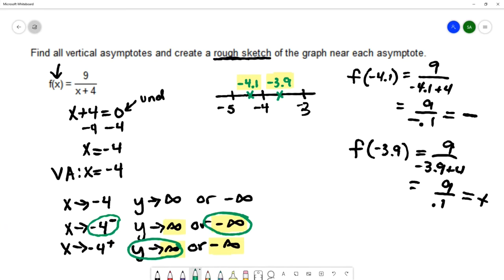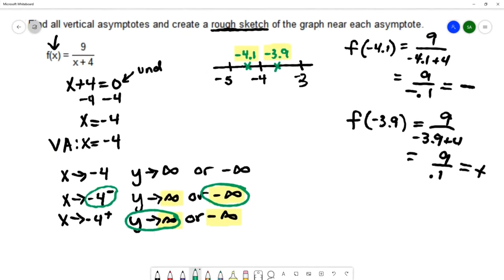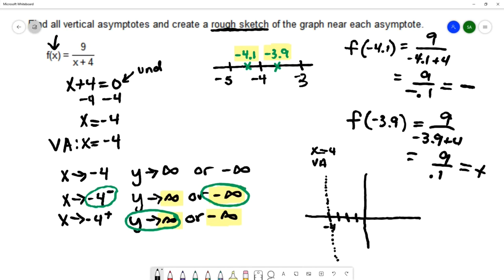So now I'm able to draw the sketch of what is happening near x equals negative 4. I would have my coordinate plane, and I'm going to count over to negative 4. At negative 4, we usually draw a dashed vertical line to indicate the location of the vertical asymptote at x equals negative 4.